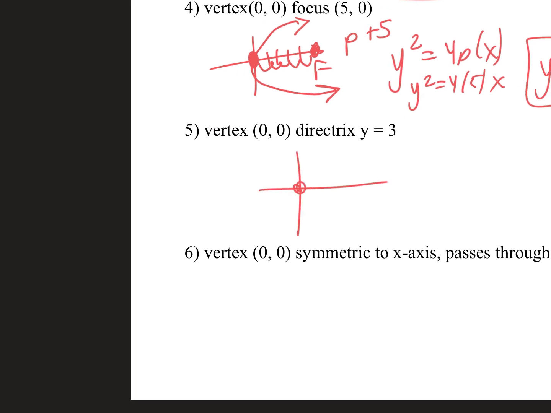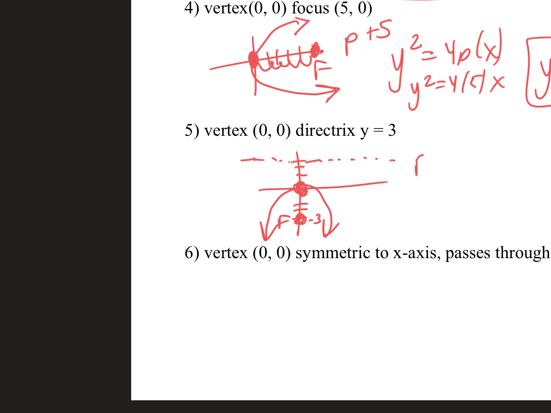Again, draw a picture. Your vertex is at 0, 0. Now my directrix is at y equals 3. So 1, 2, 3. I have this boundary line at y equals 3 that my parabola is opening away from. So if my directrix is at positive 3, then that means my focus is at negative 3. That's my focus.